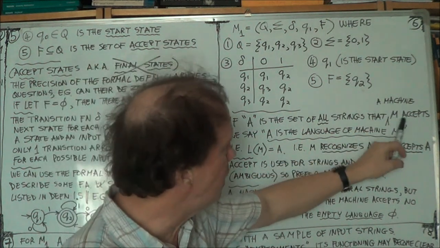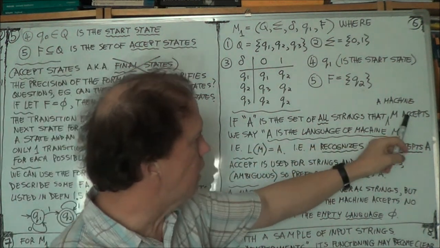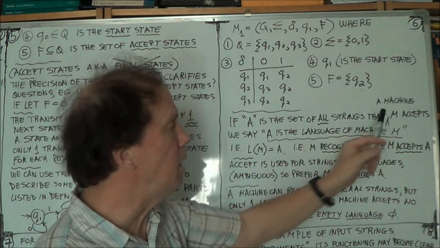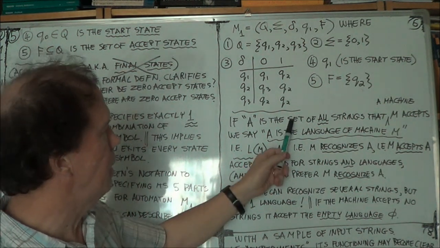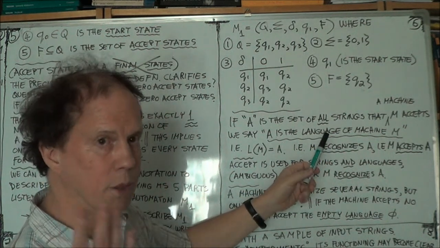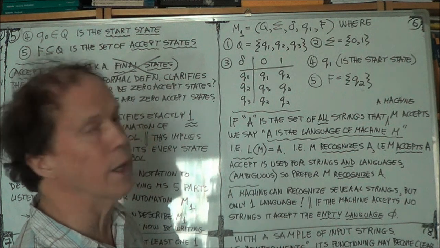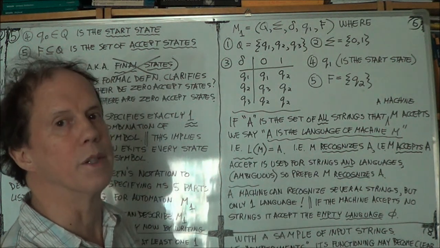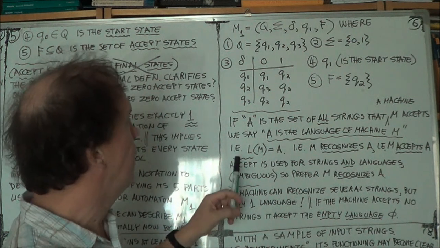So A is the set of all the strings that machine M accepts. Now the set of all accepted strings, by definition, from earlier, is just a language, right? So we're labeling that language A. So A is a language, the set of all accepted strings.